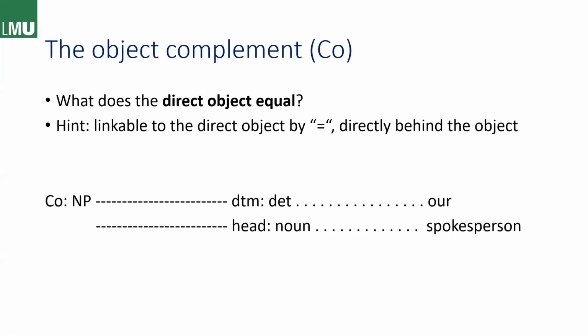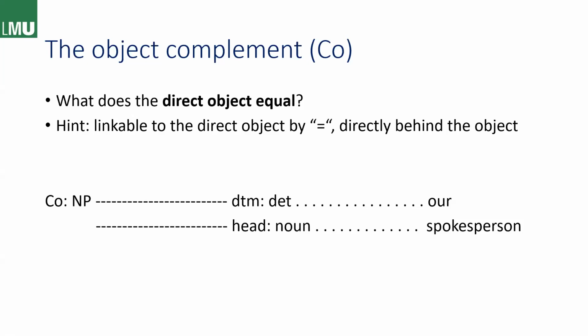And we've also got the object complement, which is basically the same as a subject complement, but it goes with the direct object. It can again be linked to the direct object, this time by equals, and normally stands directly behind that object that it belongs to.